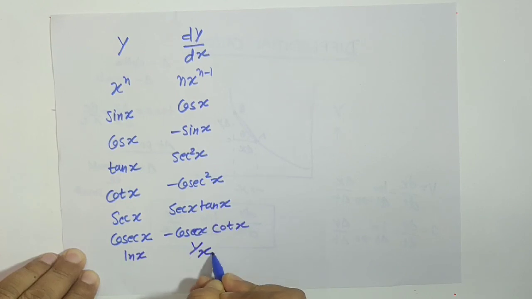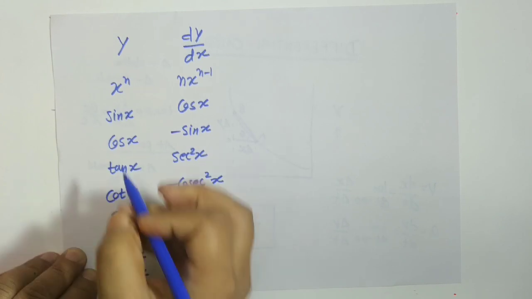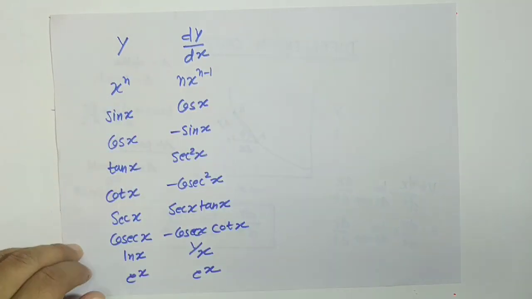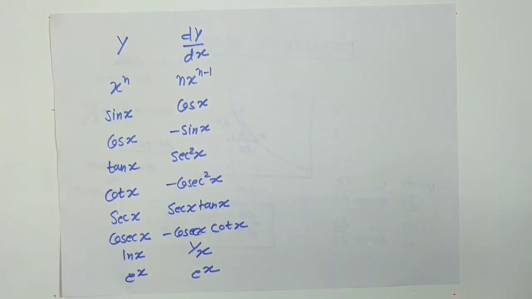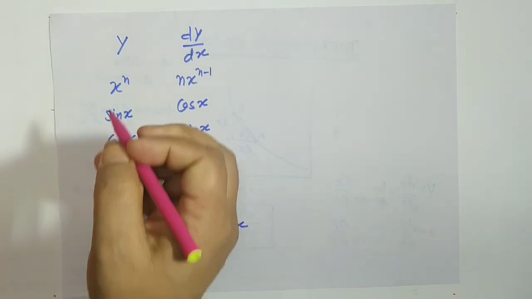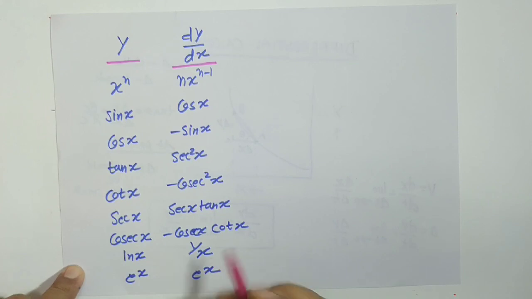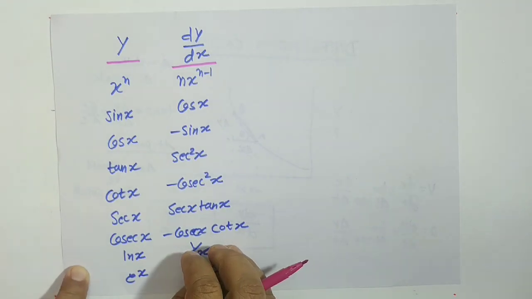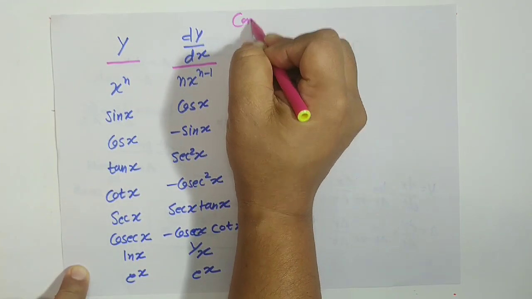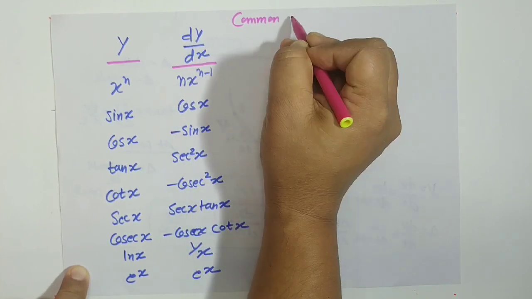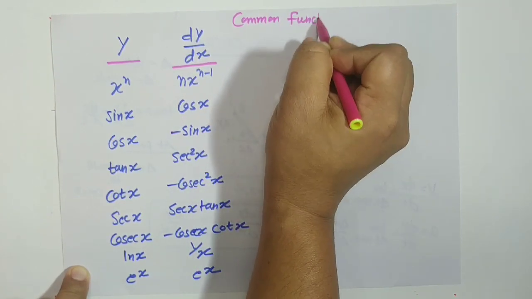And then exponential x, it is e to the x. So y is actually the function, and the first differential with respect to x is this. So these are the common functions which are going to be used in differentiation.